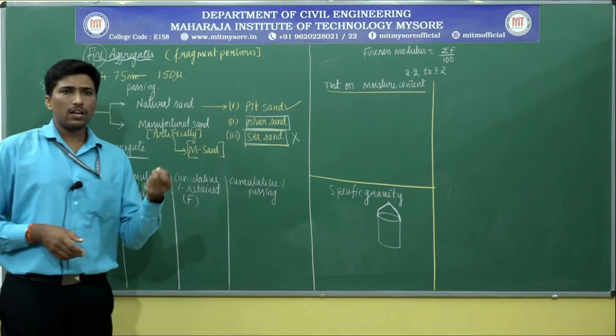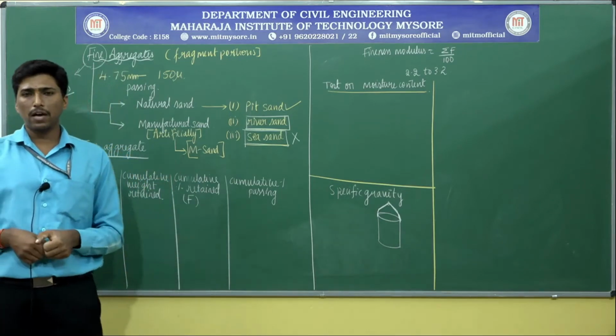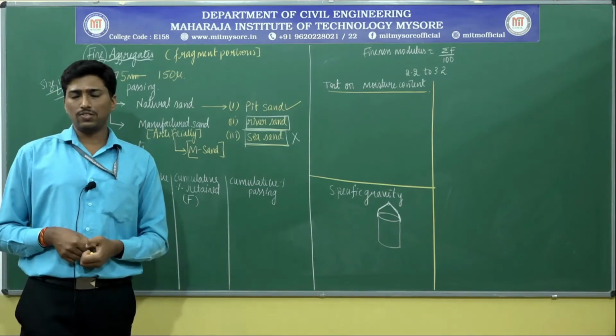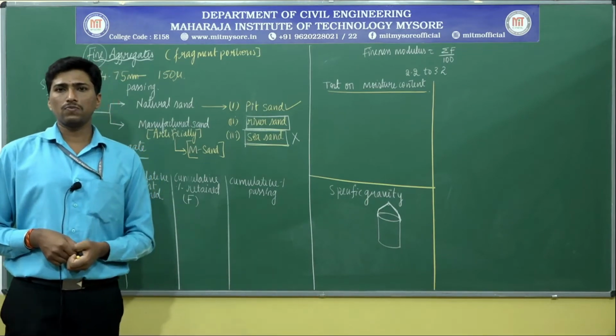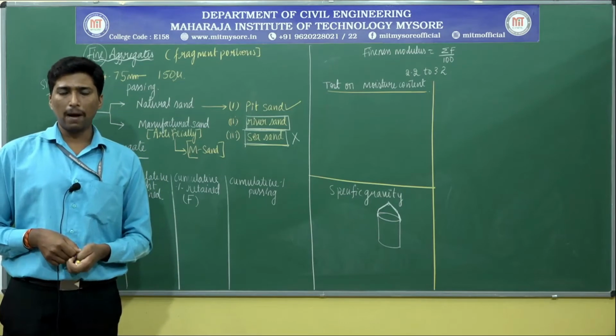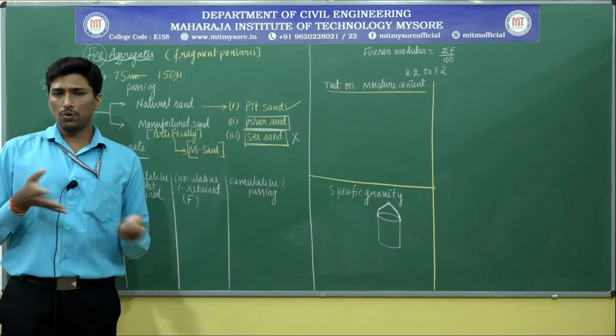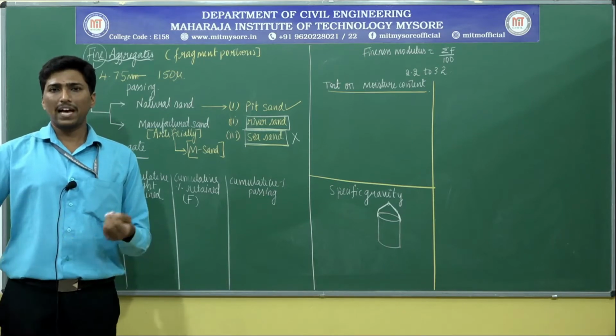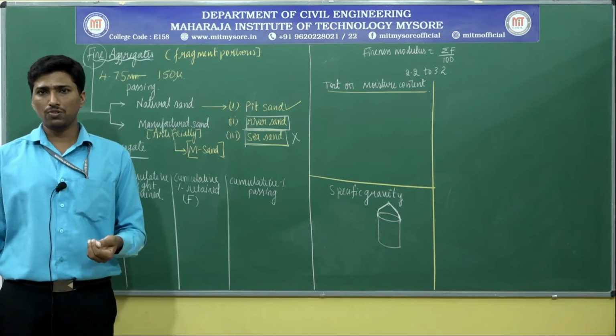M sand in today's perspective can also be manufactured, for example in Jindal factories and others, from the byproducts obtained from the iron ores, through the blast furnace or the slag which has been induced.